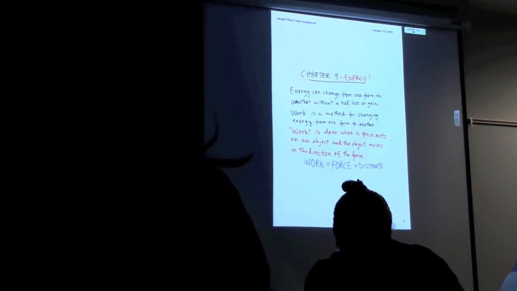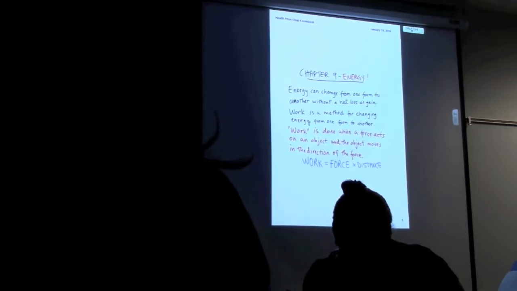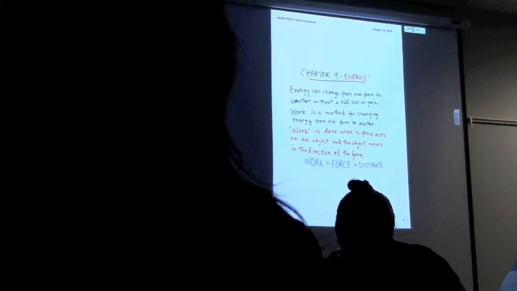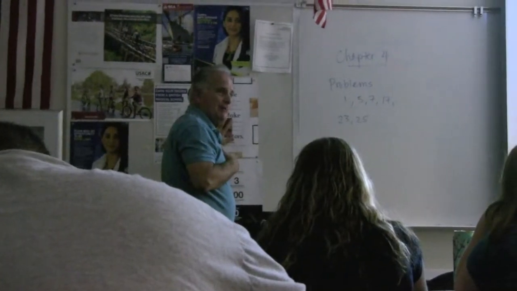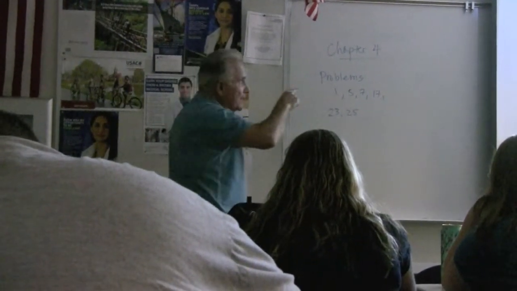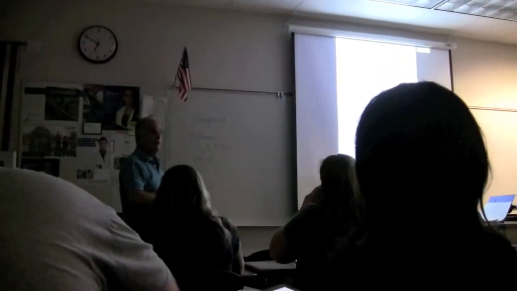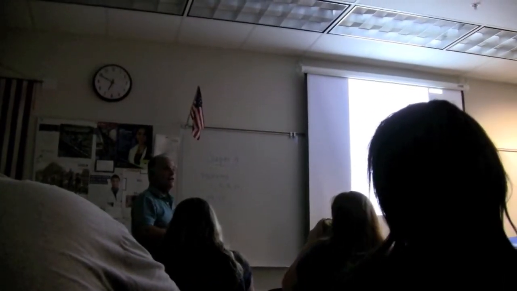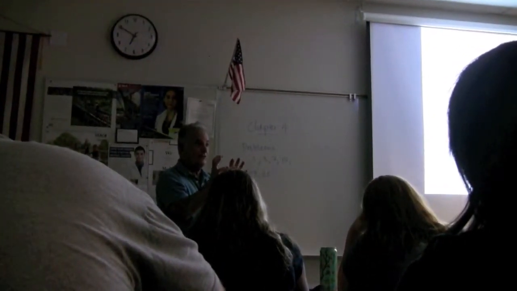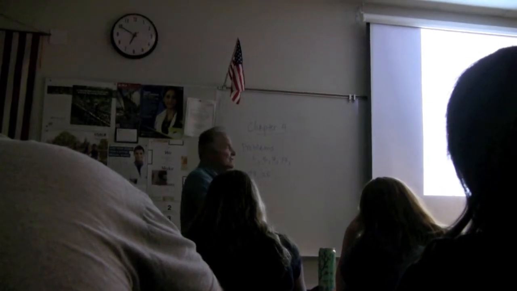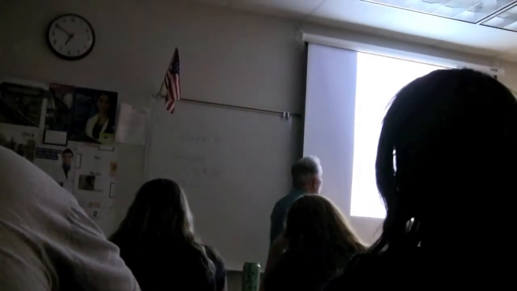So, for example, I can push on this wall all I want, and you guys know that by pushing on here, I'm doing work, I'm burning up calories, right, by pushing on that. But according to that, no work, because the wall didn't move. Okay? So you need a force, but then you also need the object to move. And the product of those two things, the force times the distance that it moves, that is the amount of work that you do.